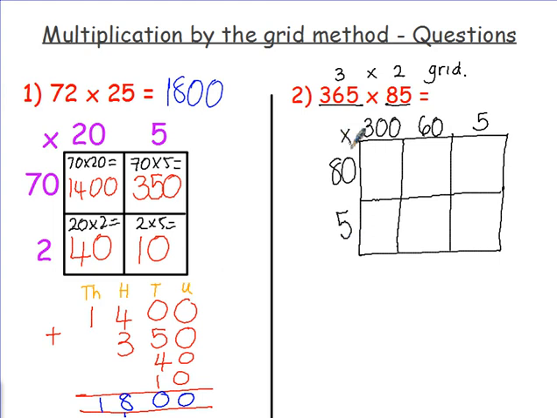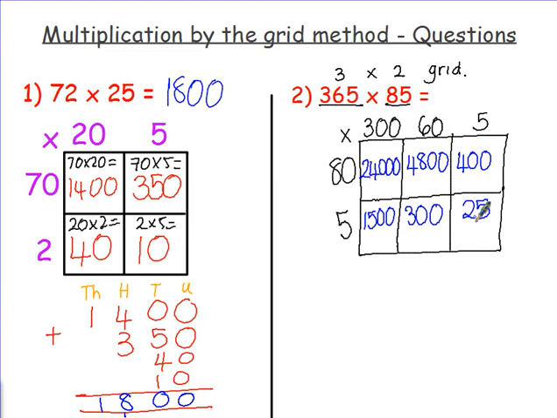So the first thing I'm going to multiply is 300 times 80. Second thing I'm going to multiply is 60 times 80. 80 times 5. 300 times 5. 60 times 5 and 5 times 5.